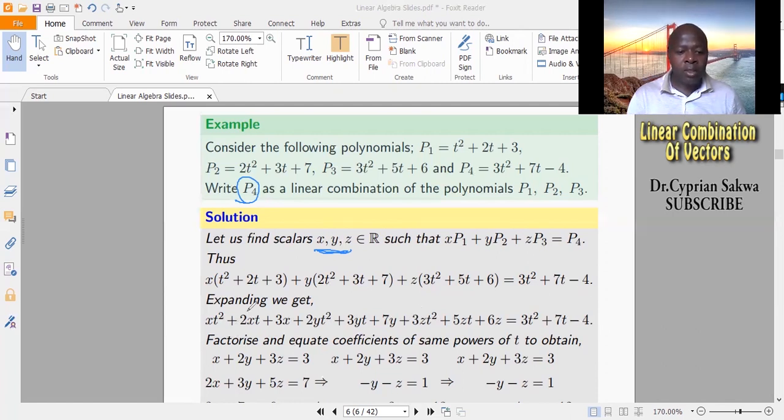So at this point, we would collect the like terms. Those that have t squared, bring them together and factor t squared out.